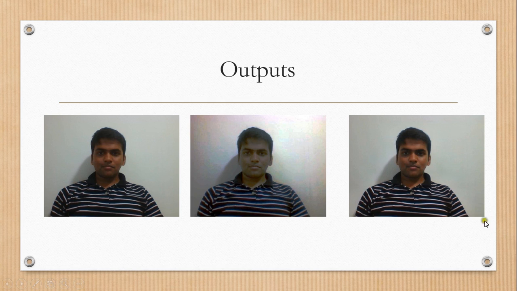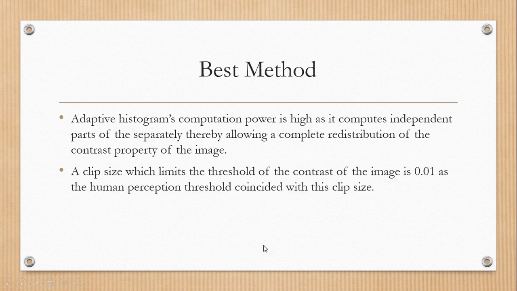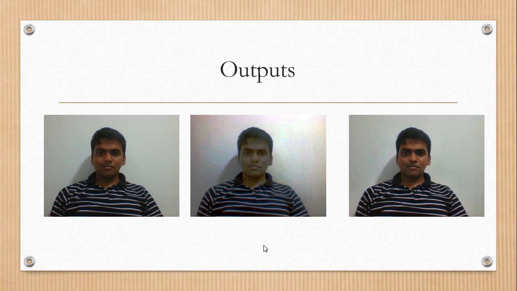Here, the pixels present in this area are spread throughout this range, thereby providing a better filter in comparison with histogram equalization. Therefore, the best method that we adopted in our project is adaptive histogram equalization because of its high computation power. The clip size we used was 0.01 threshold, which normally tested to be the ideal value.